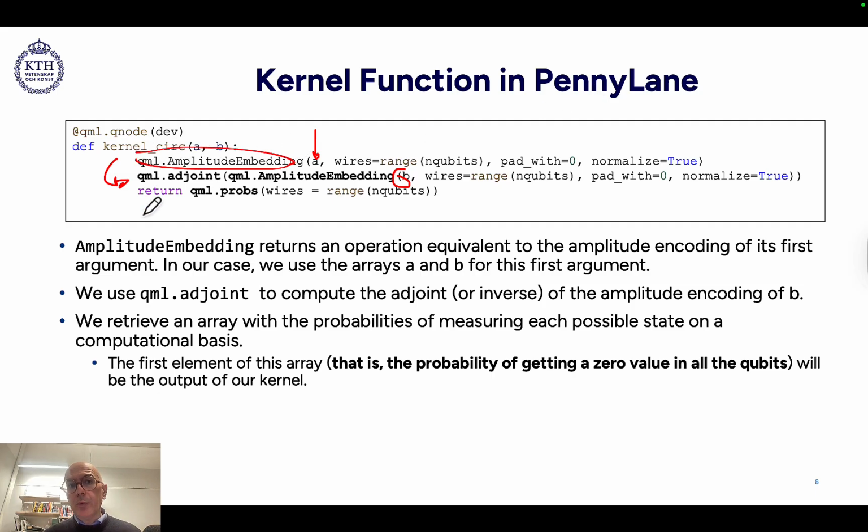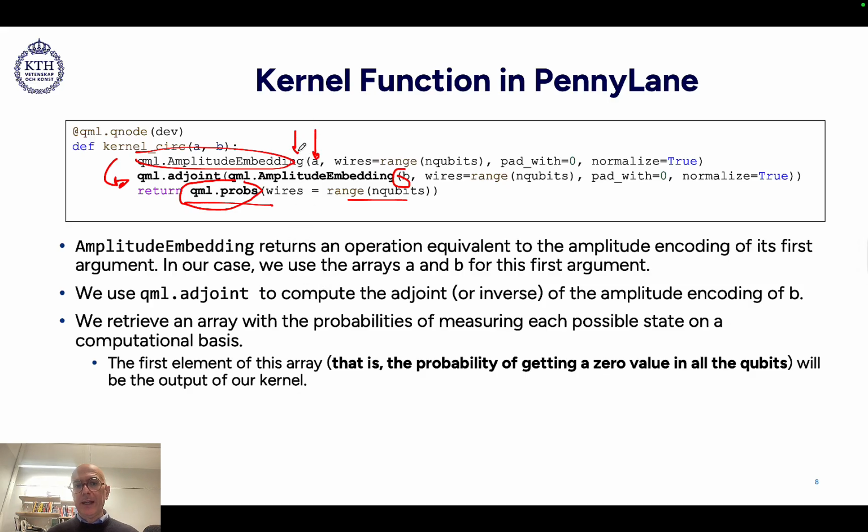And then what we do, we return the probability of a different state, and this is obtained by returning qml.probs, and we can get results from all the qubits. So to summarize, the amplitude embedding returns an operation equivalent to the amplitude encoding of its first argument. In our case, we use the arrays A and B in the first argument. We use qml.adjoint to compute the adjoint or inverse of the amplitude encoding of B, acting on the result of the first embedding circuit.